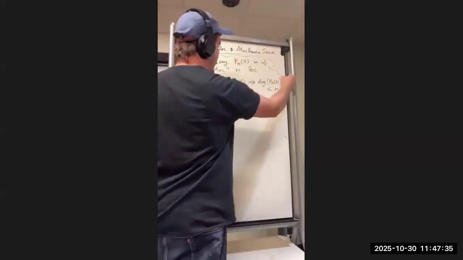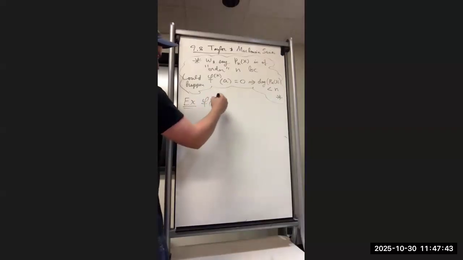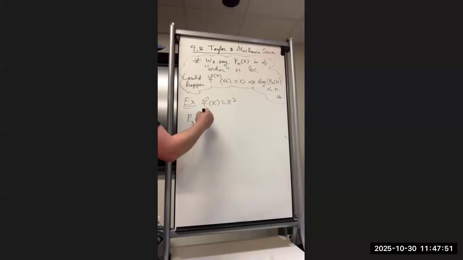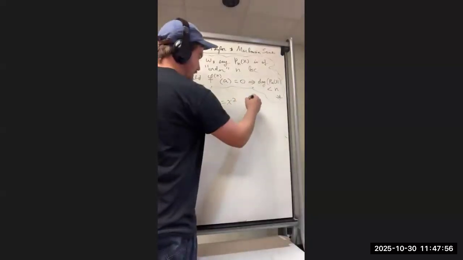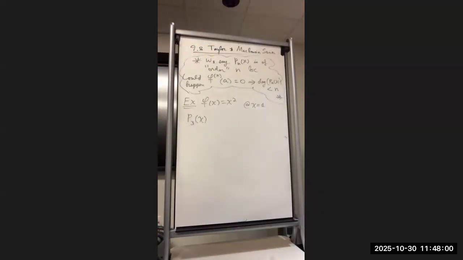And in fact, the little example I was just doing is a great example. If we look at, let's just say, what is P3 of x here, centered at 1? What does it look like?